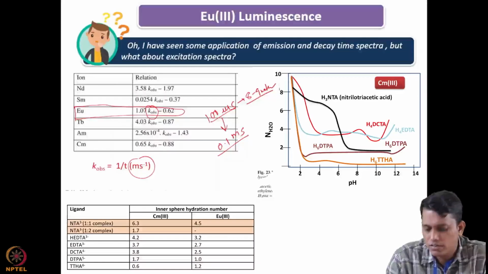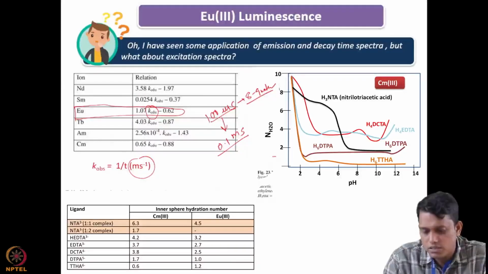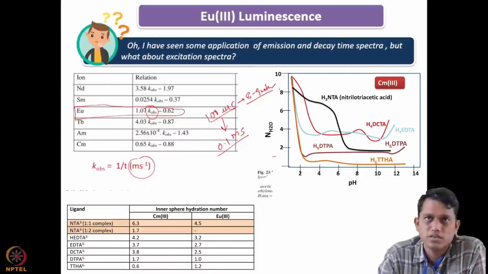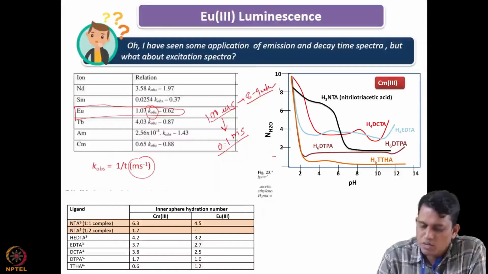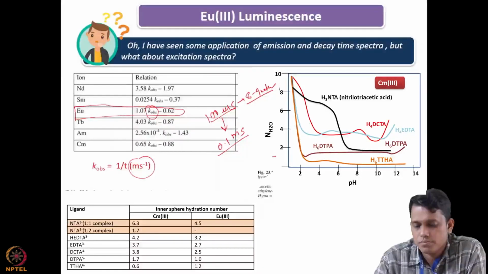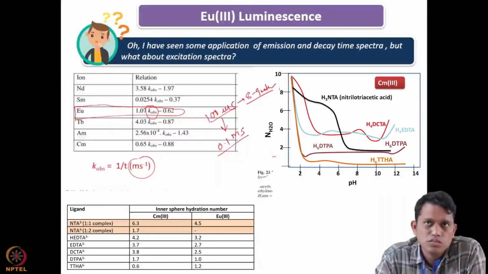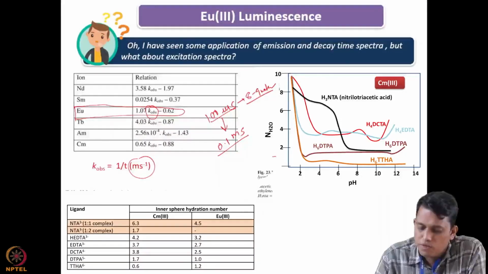The graph here shows the variation in the number of water molecules in the primary hydration sphere with the pH, where you are titrating a given metal ion. Here the metal ion taken is curium. Suppose you have curium and you have added some ligand, any ligand you can choose here, and now you are varying the pH.